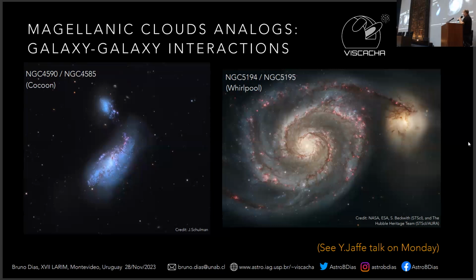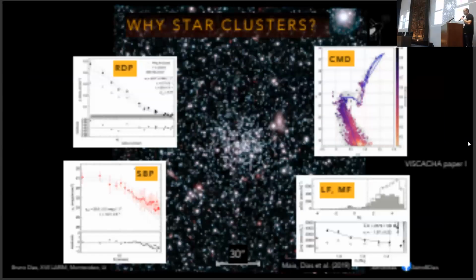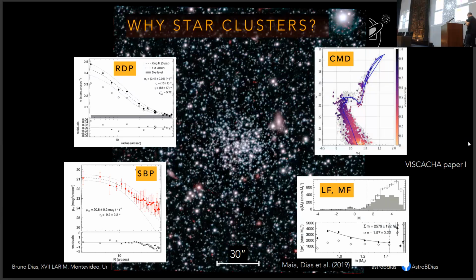We have the advantage of having them in our neighborhood, to resolve stars, to have the 3D shape, and all the detailed information we want, in our garden. So we can use them as probes to try to constrain some extragalactic studies.